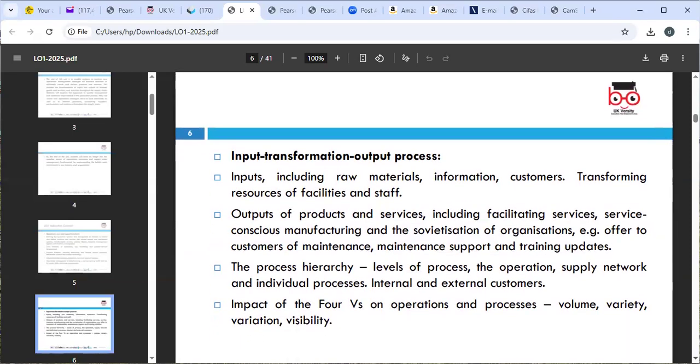So you have your inputs and your outputs, okay? You should be able to identify what forms your inputs, and then what forms your outputs, okay?